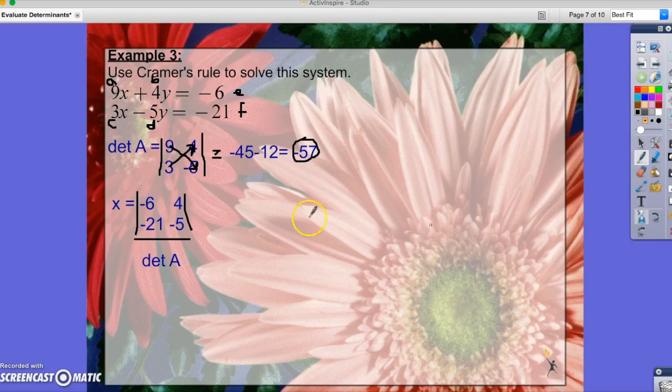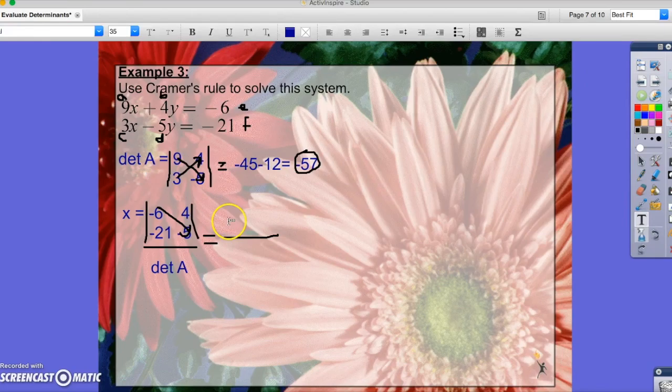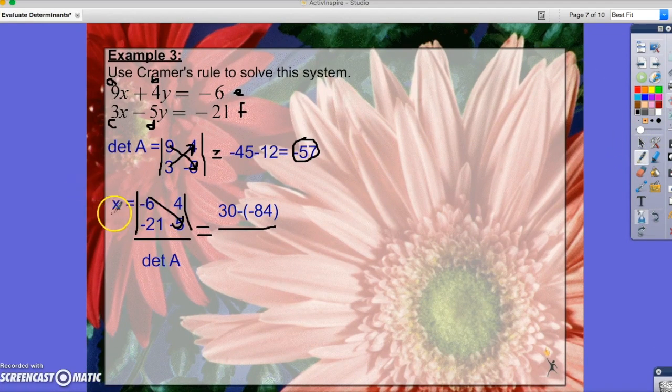So what does that mean for us? Up top, I do the same thing again. Negative 6 times negative 5 is 30, minus the other diagonal, which is negative 84, because I have negative 21 times 4. Over determinant A, which is negative 57.